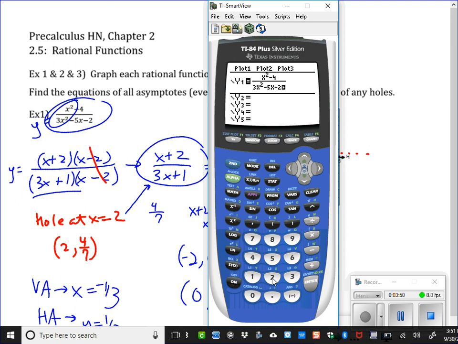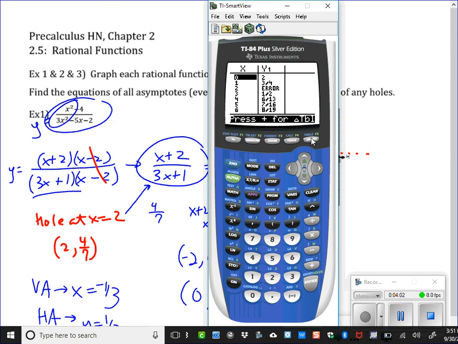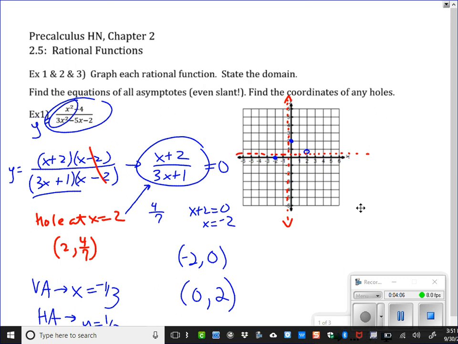Anyway, so there we go, and graph it. You should see it kind of building itself around the areas where we were. And if you go to the table at 2, you will see that it has an error, so it doesn't exist there. You could probably tell what it was going to do, coming around there to the hole, and here, and here, there. All right, so there you go.